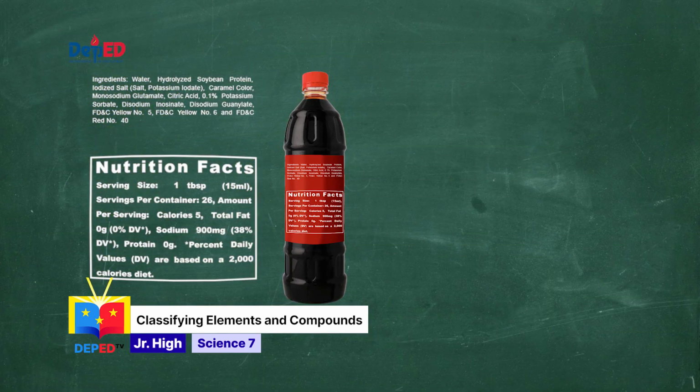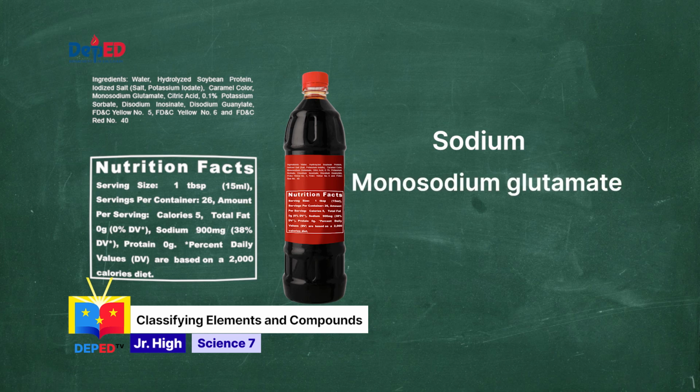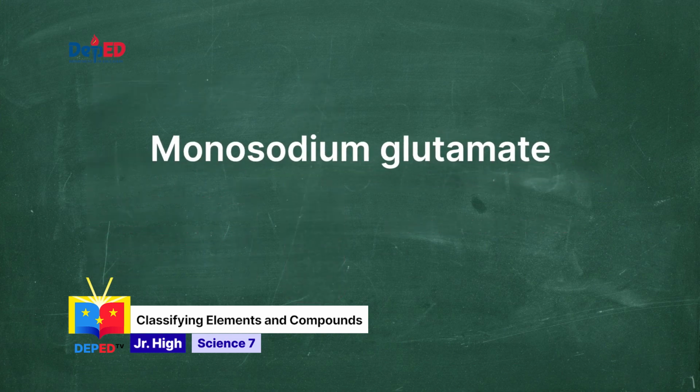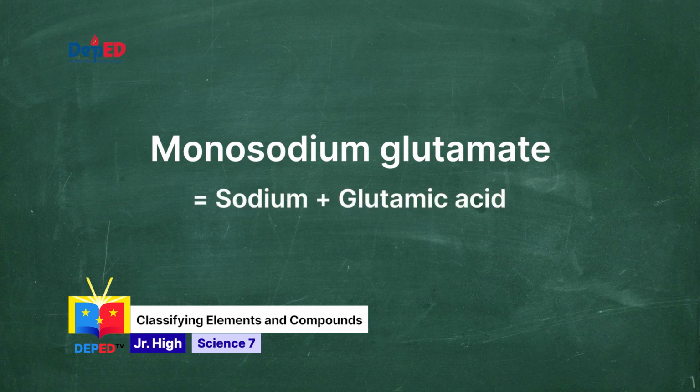Some of these are sodium, monosodium glutamate, and potassium iodate. Monosodium glutamate or MSG is a combination of sodium and glutamic acid.